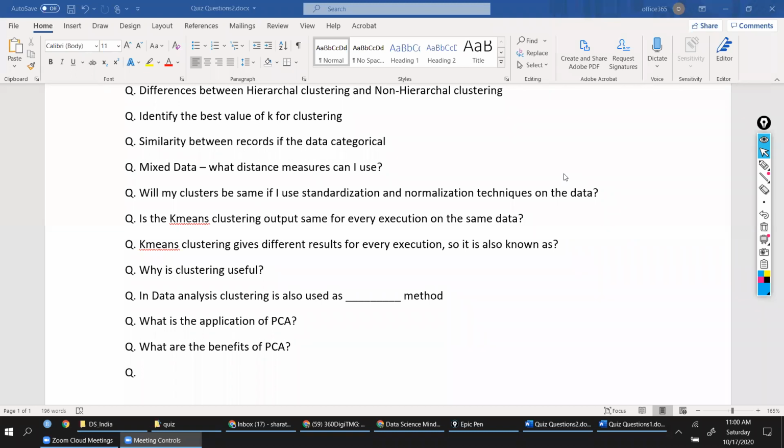Very good, guys. Lasso, yes. So many different techniques are there, right? So many different techniques are available. We don't have to restrict ourselves only with PCA. Remember that.